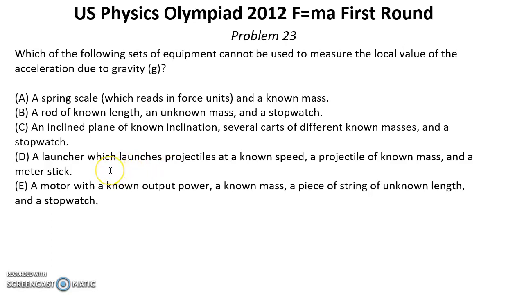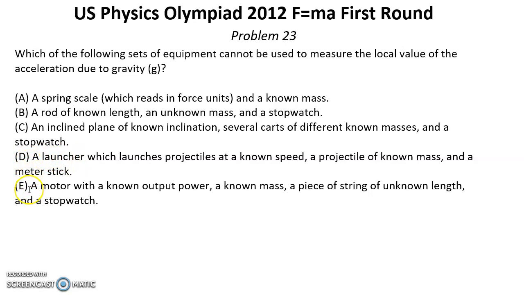For angle 45 degrees we can get the maximum range, but here we can repeat our measurements for different angles, find the maximum range and find g using this known formula. So it means that this is not the correct answer.